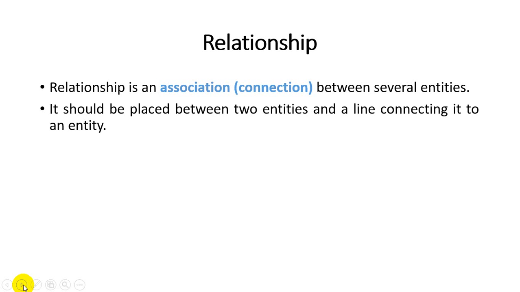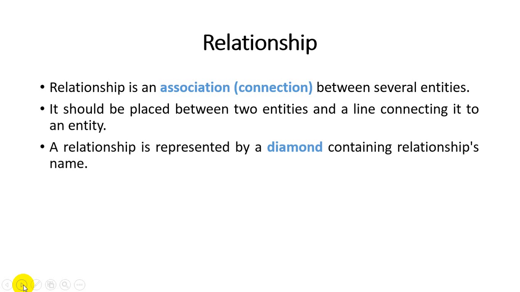It is placed between two entities, with a line connecting it to the entities. Whenever we need to represent a connection between several entities, it is known as a relationship, and with the help of a relationship we can represent entities with connections of associations. A relationship is represented by a diamond containing the relationship's name.